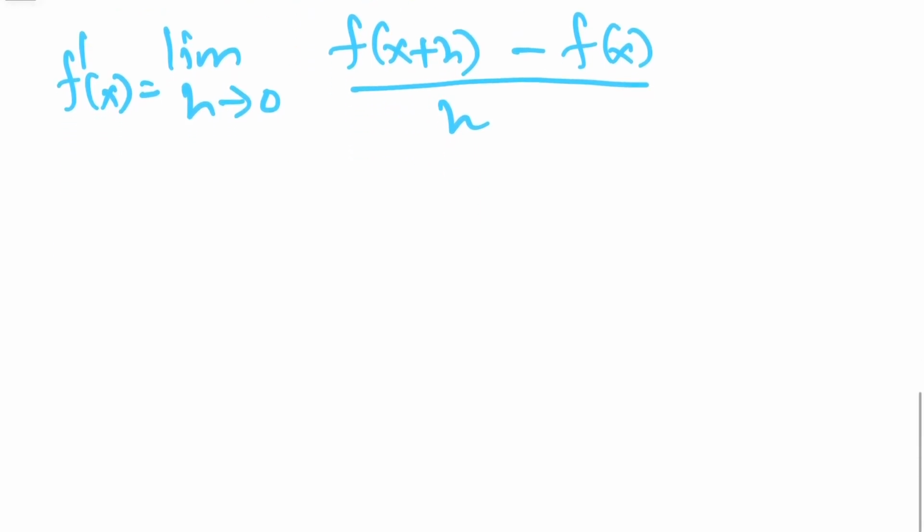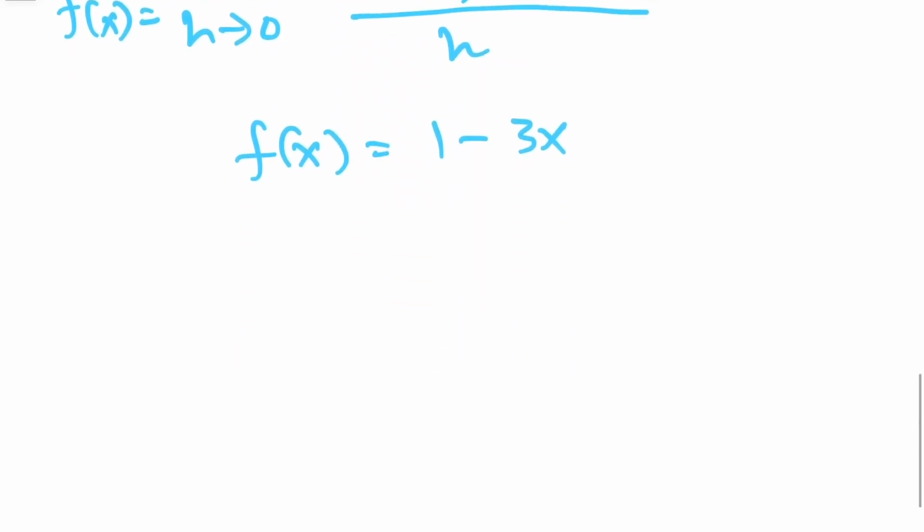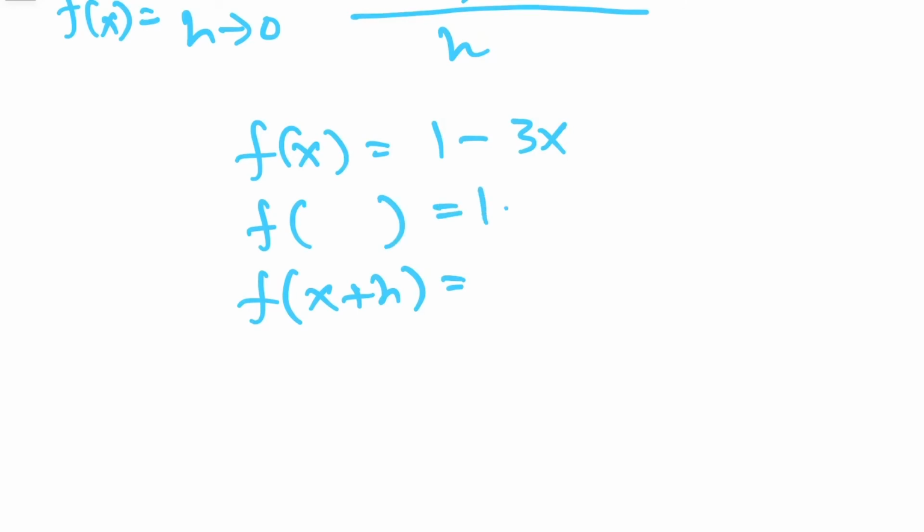Let me show you. So if f of x equal to 1 minus 3x, f of x plus h is going to be equal to, so I'm going to use placeholder, so that basically means I'm going to substitute all the x with x plus h. Okay, 1 minus 3 times (x plus h).